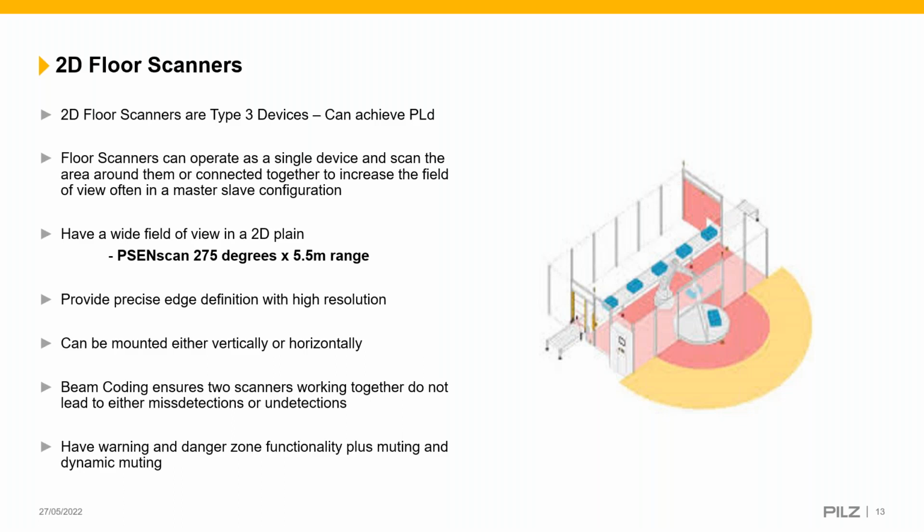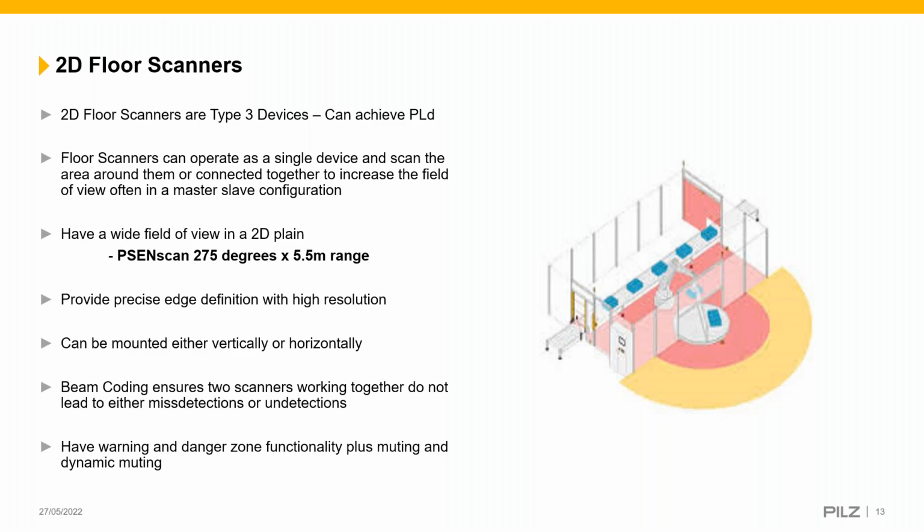They already have a wide field of view in the 2D plane. Our Pilz PSEN scan has a 275-degree area and a 5.5 meter range. So you can see they're doing big areas.